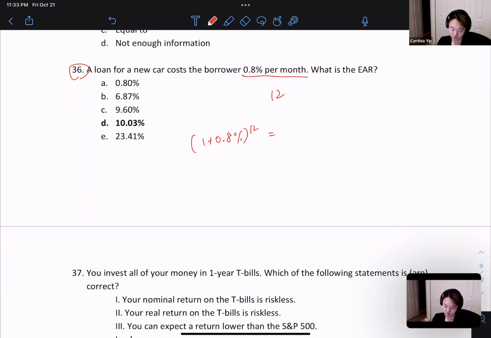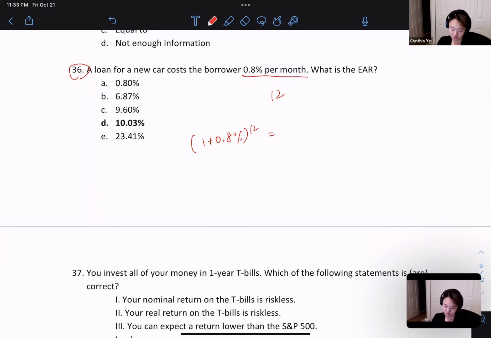And what you're going to expect is at the end of the year or like 6 months, you're going to get the nominal return that they promised to you for sure. So that nominal return is riskless. Your real return is not riskless because of inflation. You don't know what your real return will be.